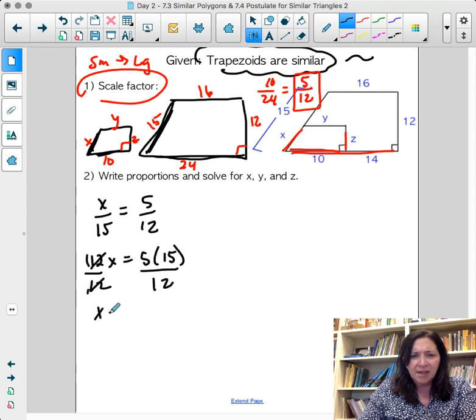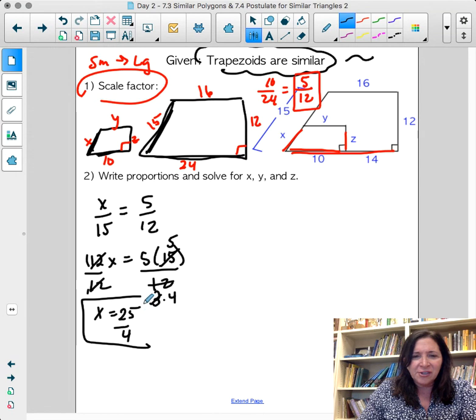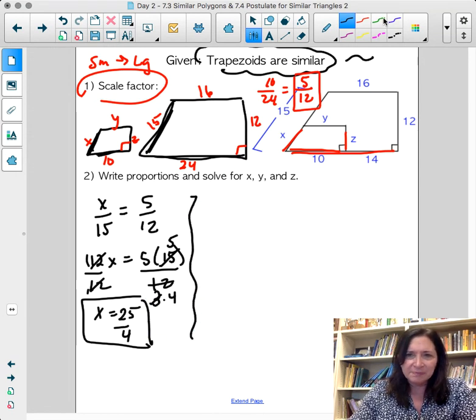And then I have x equals. For this problem, 12, I'm going to rewrite that as 3 times 4, because 3 divides into 15 5 times, and that's it. So I get 25 over 4. And so some of these answers, you're not going to get a nice little number. You might just get a fraction, and that's totally fine.